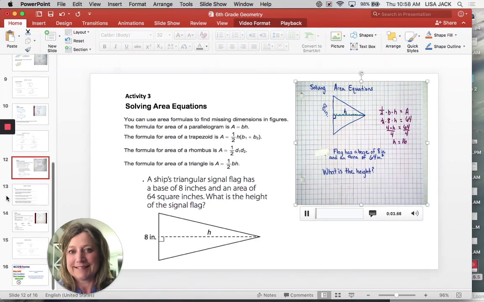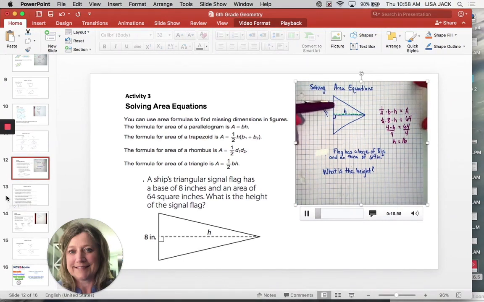All right, so this is about solving area equations. This is where we may know some information, but not everything. The problem on your screen is about a ship with a triangular flag, and the flag has a base of 8 inches.